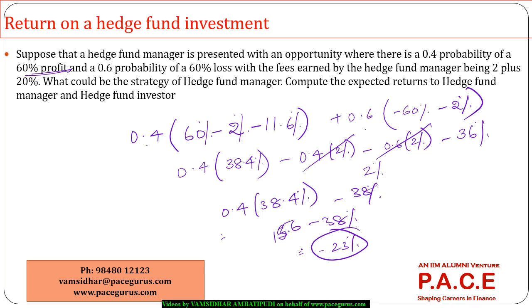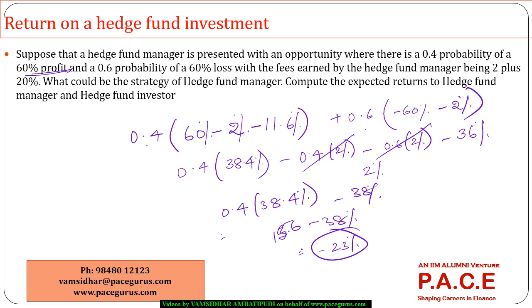Because his portfolio has generated a 60% loss, whereas if it had generated a 60% profit, there is some amount that he has got overall, resulting in a minus 20-plus percent negative return to the hedge fund investor. Whereas from the hedge fund manager's perspective, it's still a positive number, and the overall put together is something that would still work out to the same minus 12%.